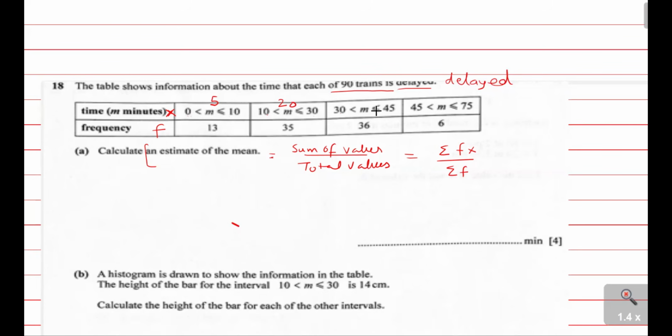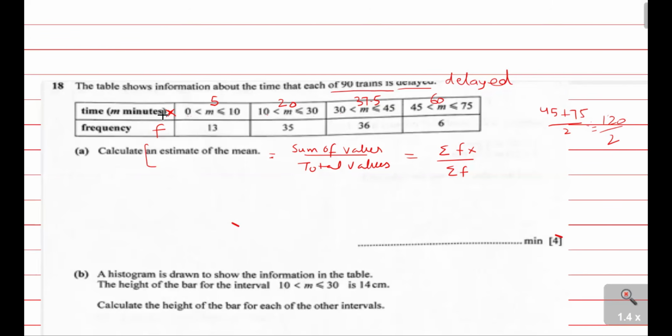The middle of 30 to 45 is 37.5. Next is 45 to 75. We add 45 plus 75 divided by 2, which is 120 divided by 2, that is 60. The middle of 45 to 75 is 60.